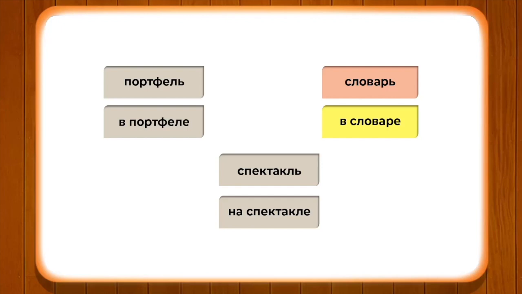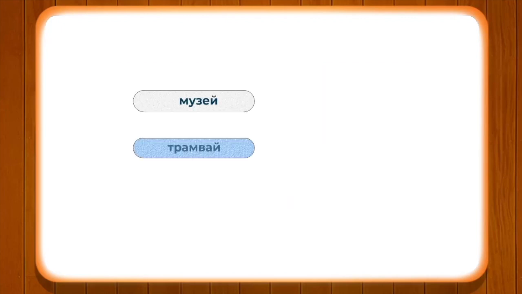Now let's go ahead and pay attention to some of the words of the masculine gender which end with y kratkoe. We already have a list of words such as muzey, tramvay and kray. So muzey changes into muzee, so y kratkoe is replaced by ee. Tramvay is also replaced by ee at the end.